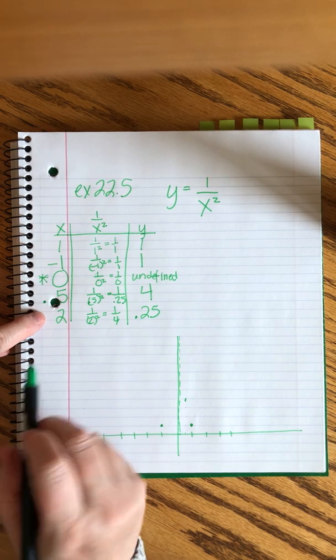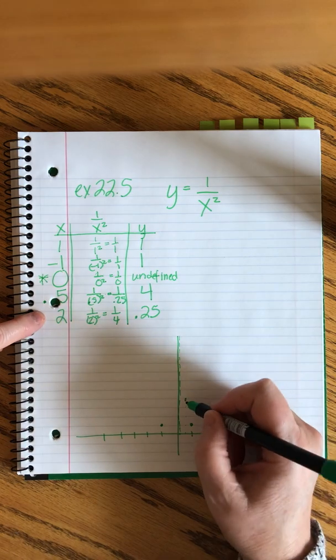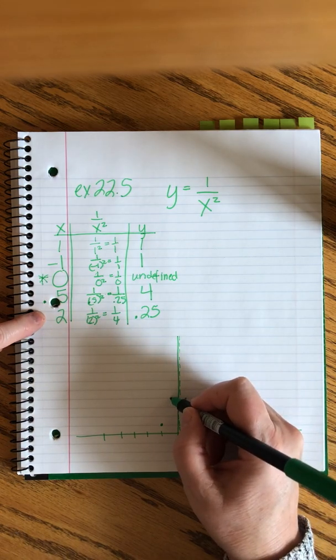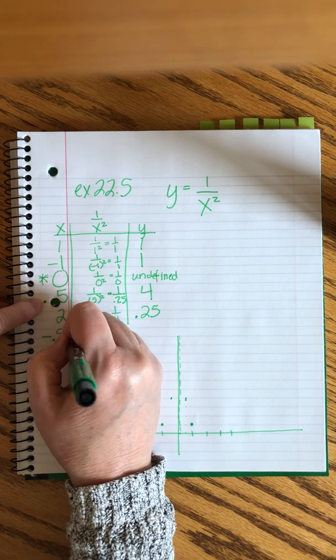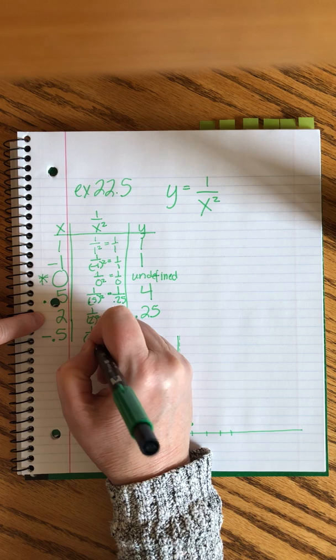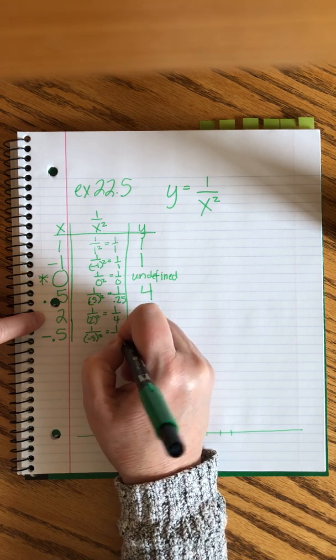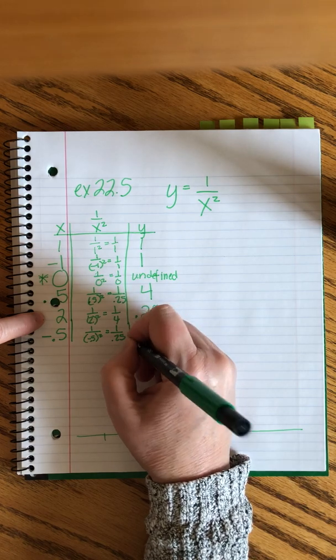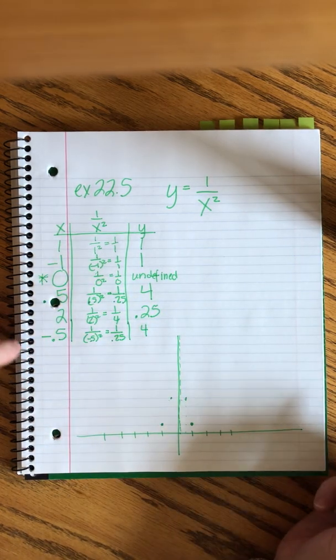And I can also see, you know what, if I made this minus 0.5, it would also be positive 4. So I'm going to put another one over here, right? I'll just test it to prove it to you. If I choose minus 0.5, that's 1 over quantity minus 0.5 squared, which is also 1 over 0.25, which is positive 4. So I can put in the mirror of that one too.